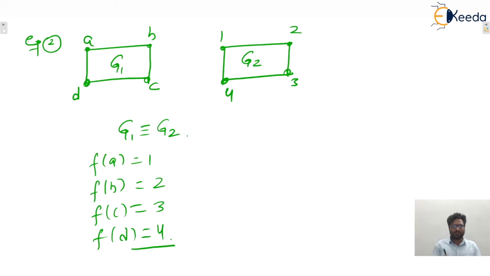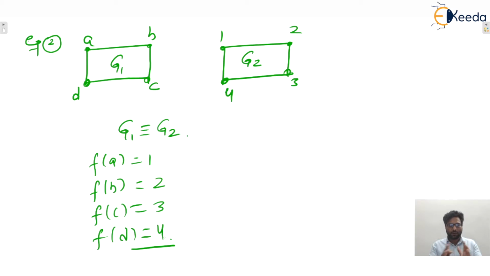And bijective function means one-to-one as well as onto. A one-one onto function is known as a bijective function. One-one means there must be a one-to-one correspondence between the vertices, and onto means in both the graphs the number of vertices must be the same. Similarly, here in both the graphs 4 vertices are there, 4 edges are there, degree sequence is the same, everything is the same.